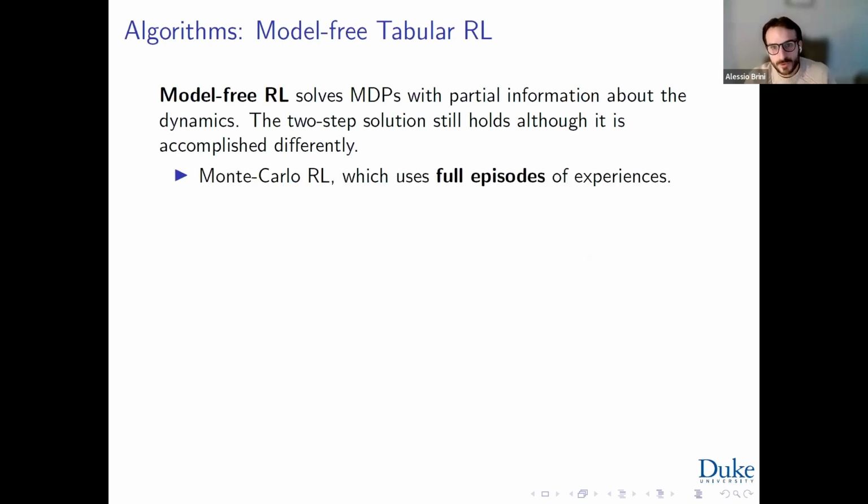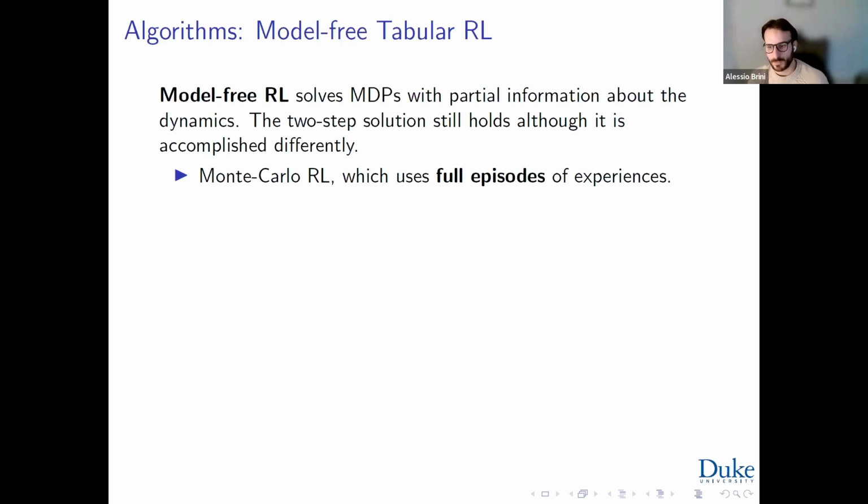And model-free RL can have two instances. You can have a setting where you do Monte Carlo RL, so you collect full episodes of experience. That really depends on the problem you're trying to solve. For instance, if you're trying to hedge a portfolio, you probably are going to train an episodic reinforcement learning agent, because if you have a portfolio of derivatives, at some point they're going to expire.